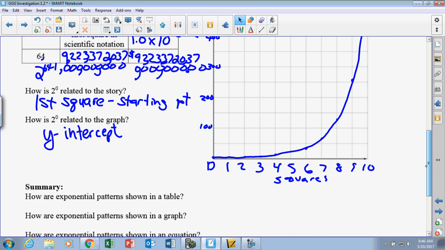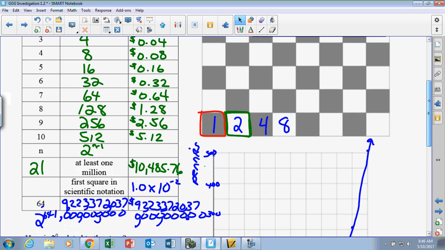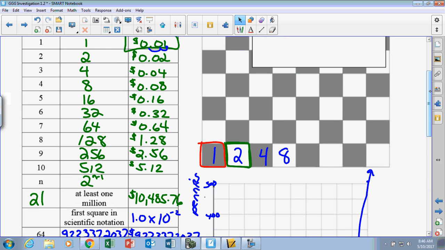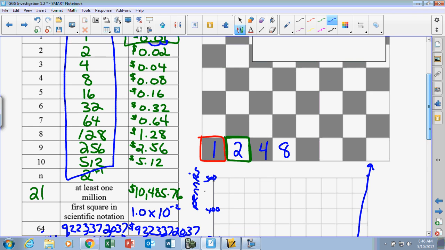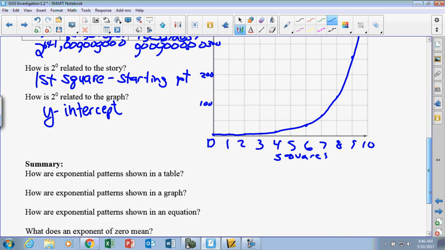All right. So how are exponential patterns shown in a table? When you look at an exponential pattern in a table, that's this column right here. What can you tell me about that table? Think about what you've learned from linear.